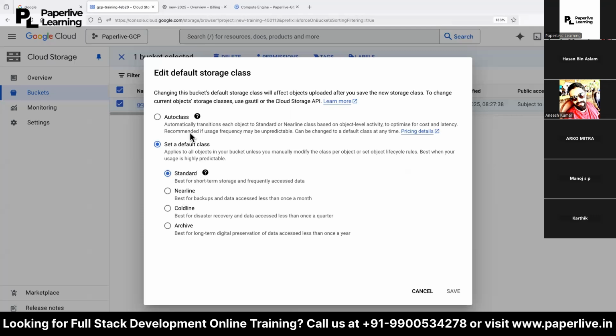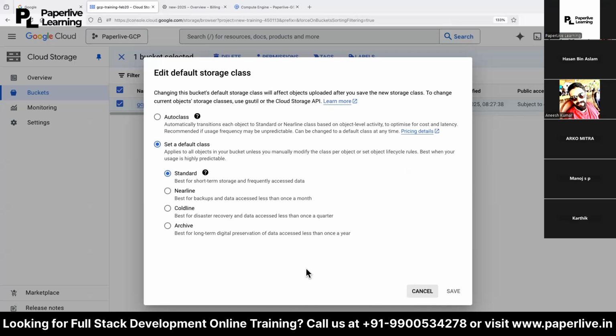Then if you're choosing the Autoclass option, eventually after 2 months this will go to Nearline, then it will go to Coldline, and then it will go to Archive, because you may not really access a sales report of 2023 very frequently, correct? Yeah, right. So something like that, the frequency of data access is important.